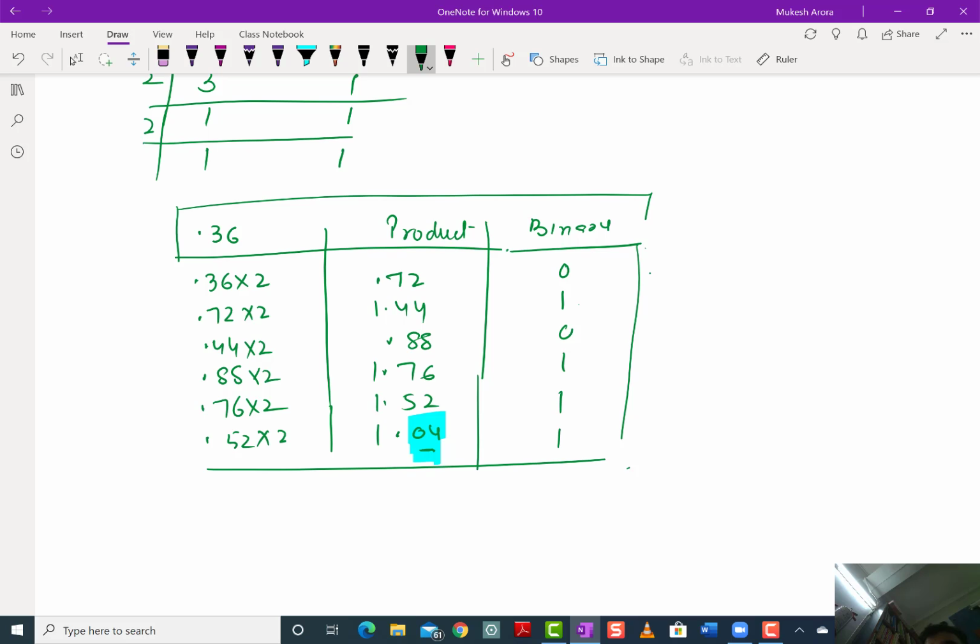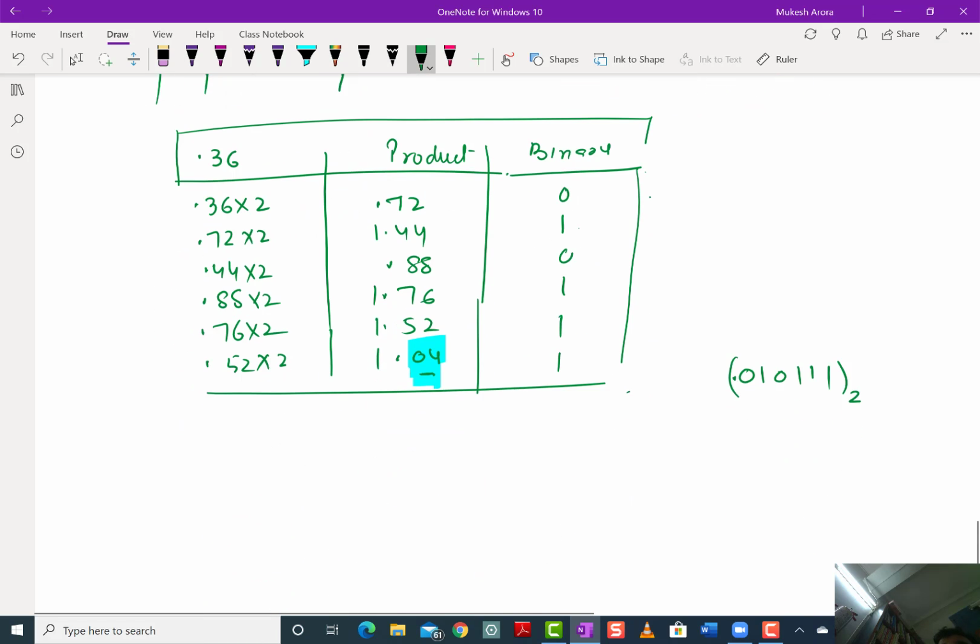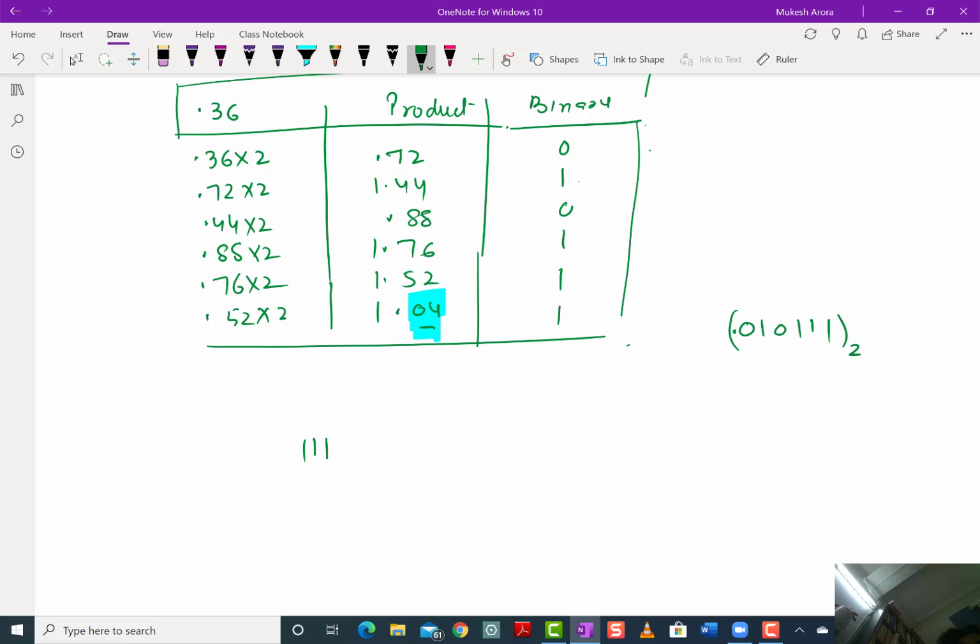It will be 0.010111. So the final answer will be 111011.010111 base 2.